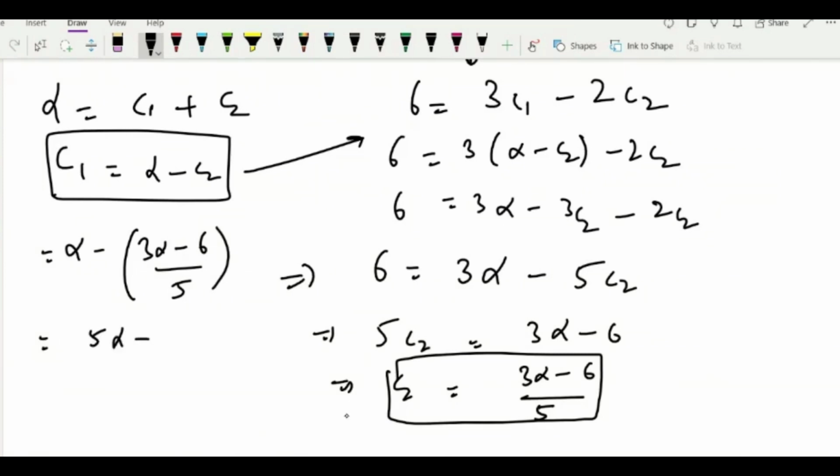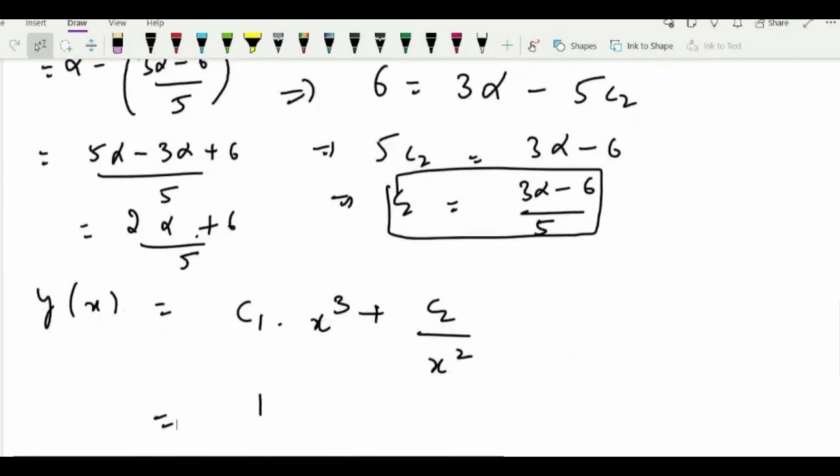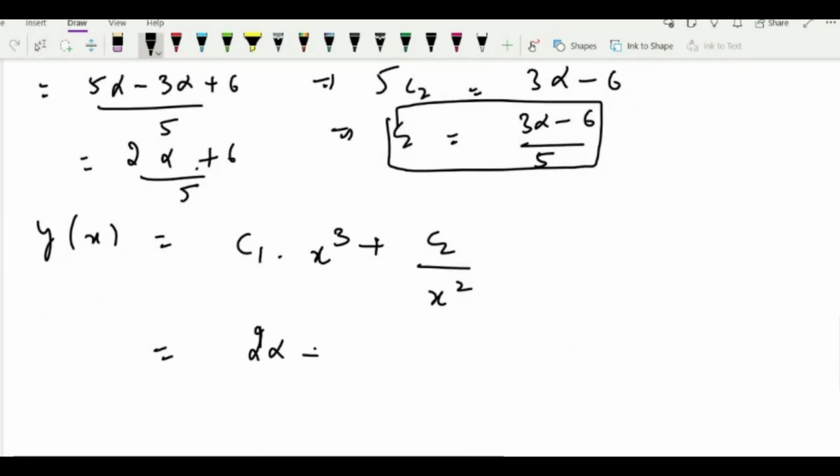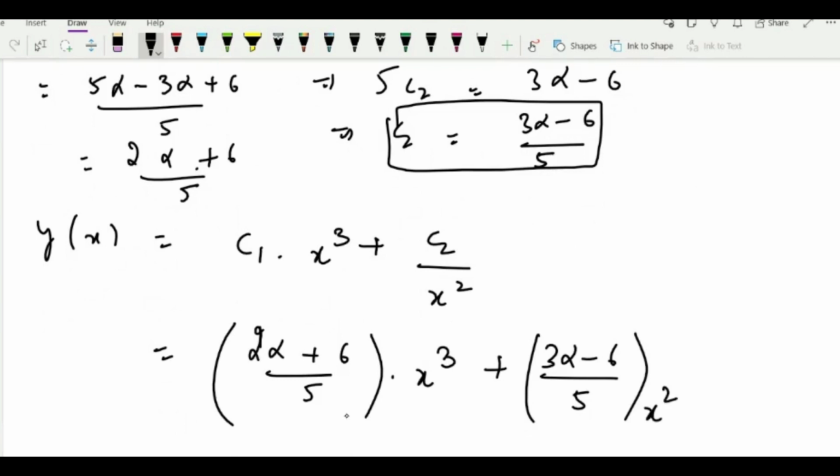So alpha minus c2 is 5 alpha minus 3 alpha plus 6 upon 5, which is equal to 2 alpha plus 6 upon 5. So we get y as 2 alpha plus 6 upon 5 into x cube plus 3 alpha minus 6 upon 5 divided by x squared.